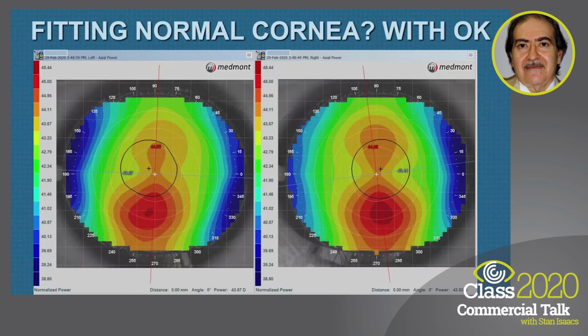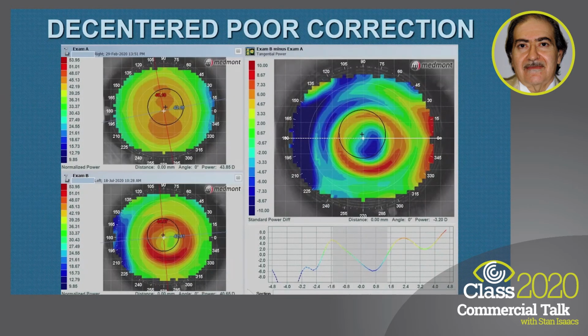What I want to do first is talk to you about a normal Ortho-K patient. Power's not very high, about -8. And we tried about 3 different fittings with her. She had very tight upper lids, and no matter what we did, we never ever got proper corrections.